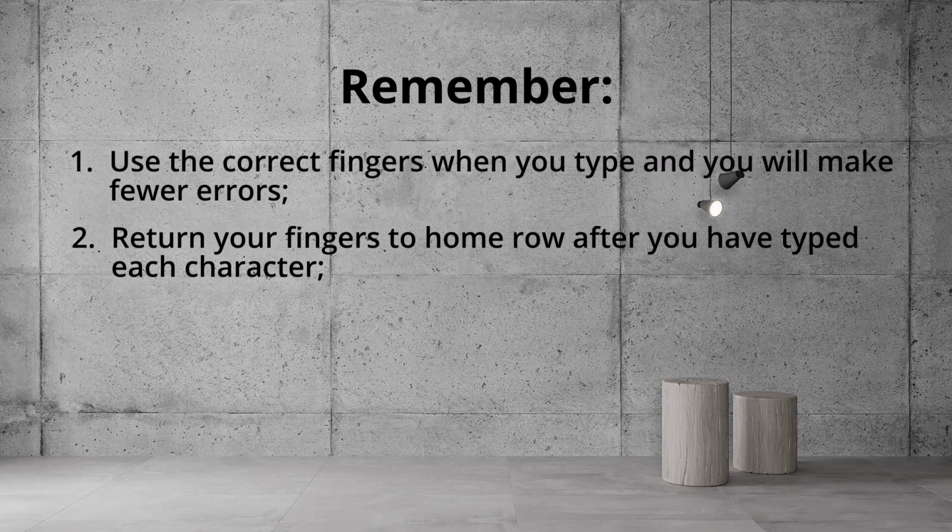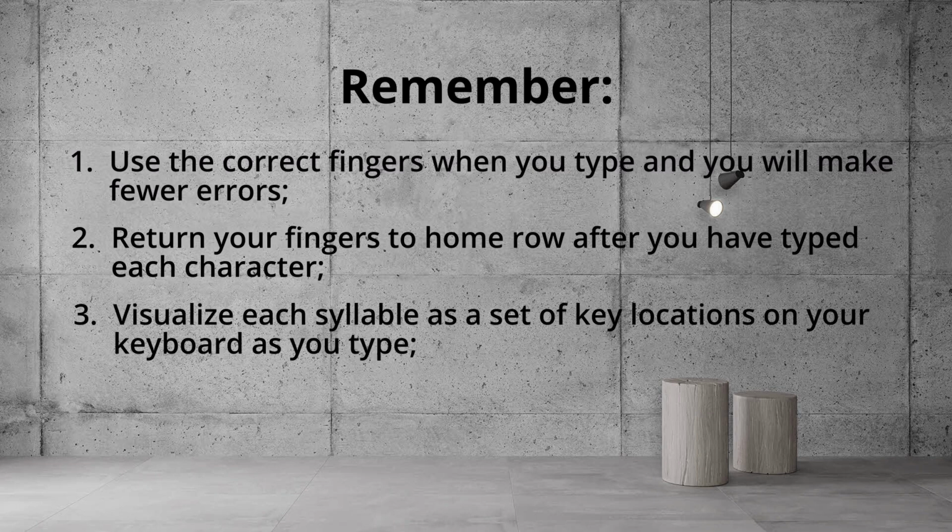All right, so the positioning of your fingers should come back to the home row. Number three, you should visualize the whole set of keys which are located on your keyboard. So you should be able to see that without even physically looking at your keyboard.